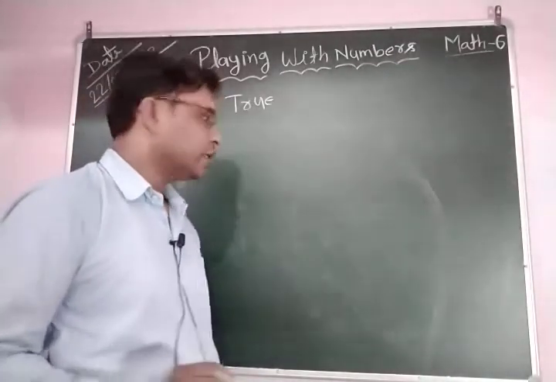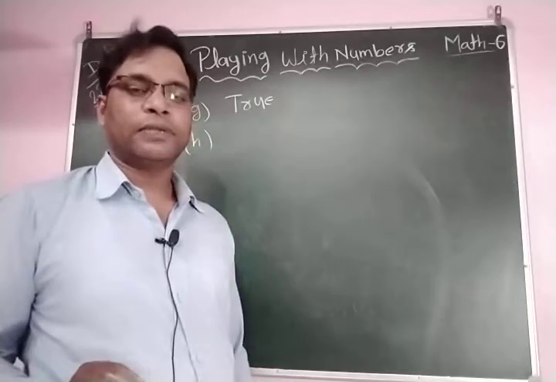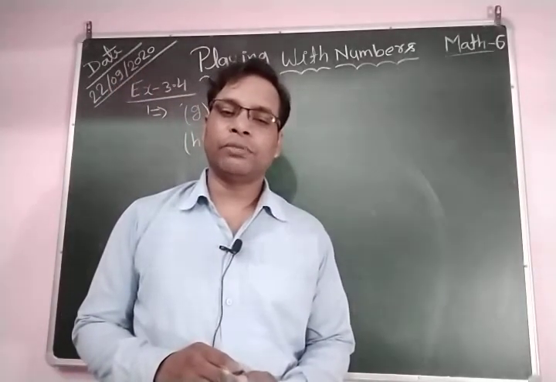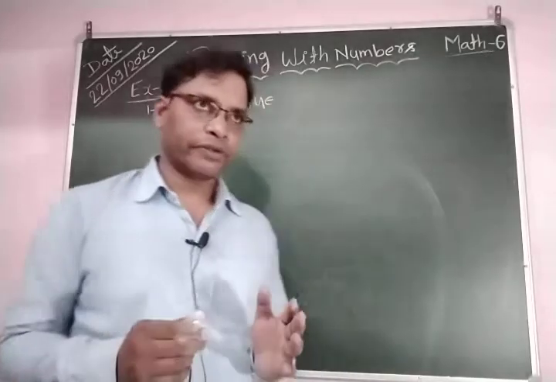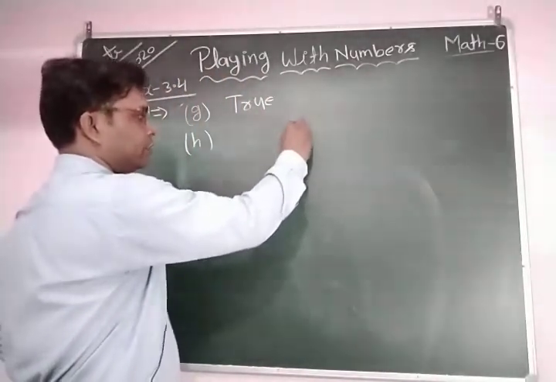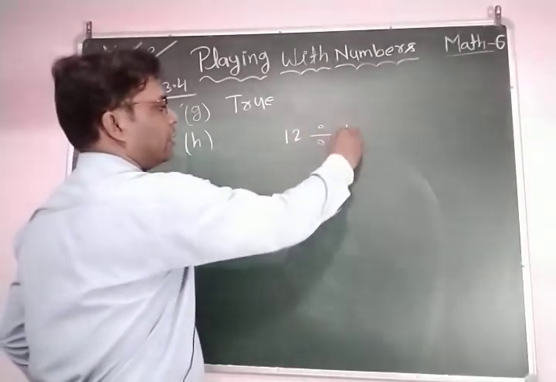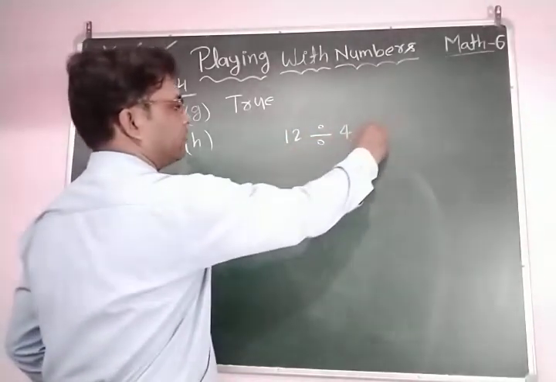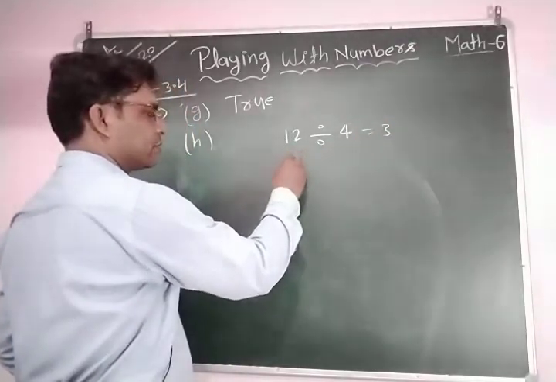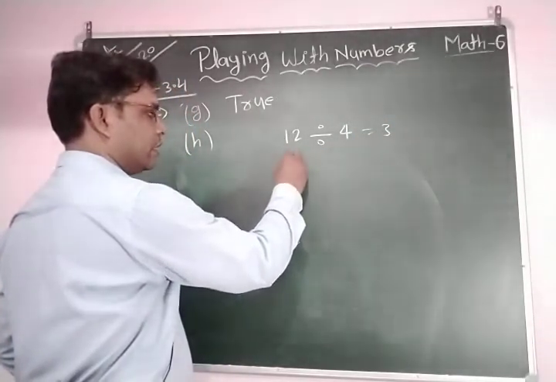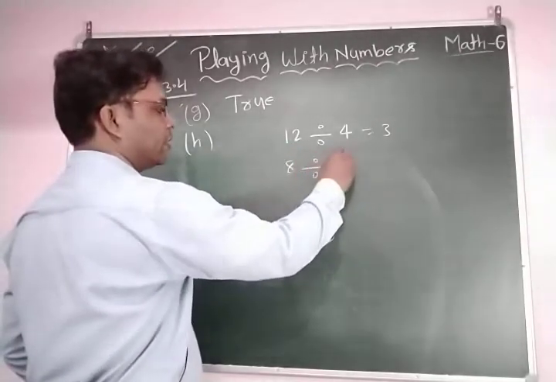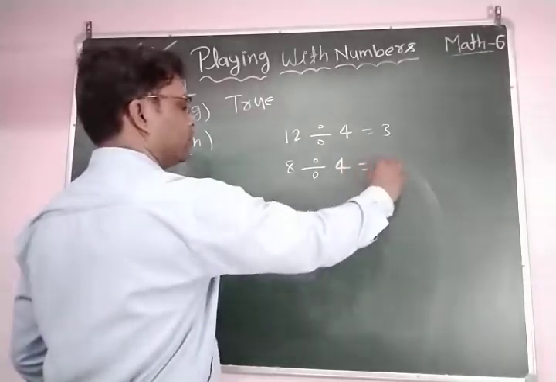Here in the H part of question number 1, if a number exactly divides two numbers separately, suppose 4 divides 12, 3 times, and 4 also divides 8, 2 times.